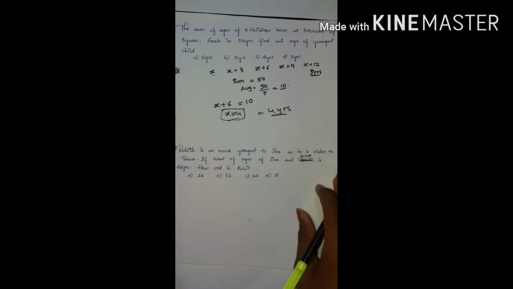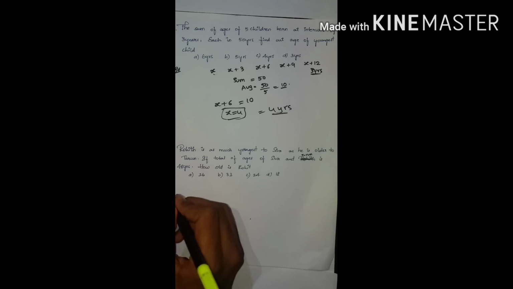So this is the fourth question. Rohit is as much younger than Shiva as he is older than Tarun. If the total of ages of Shiva and Tarun is 48 years, how old is Rohit? That means this is a very good question. While understanding, it will be very easy.